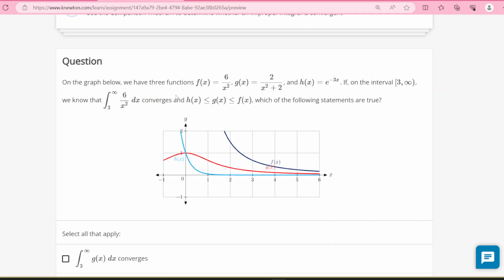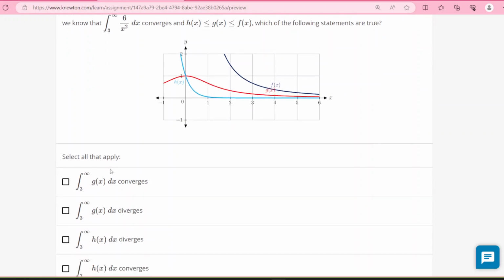Well, 6 over x squared, that's f, the top function. So from 3 to infinity, the area under the largest function converges. So the ones under the smaller ones must converge as well, right? They're smaller. They've got to converge as well. That's your comparison. So the integral from 3 to infinity of g would converge. The integral from 3 to infinity of h would converge.